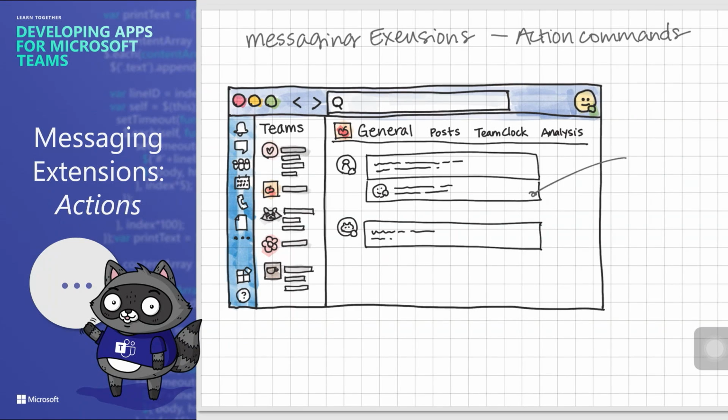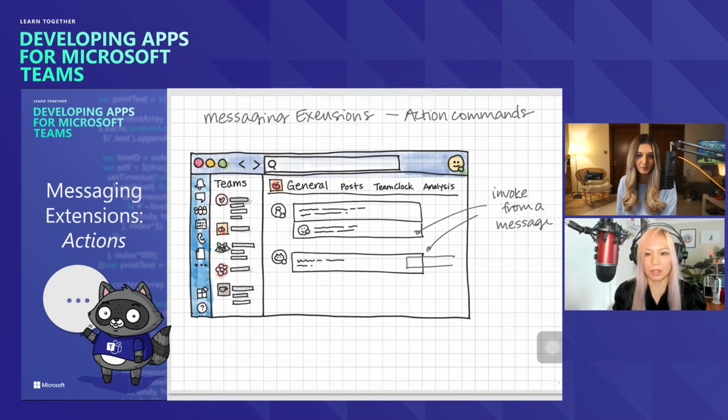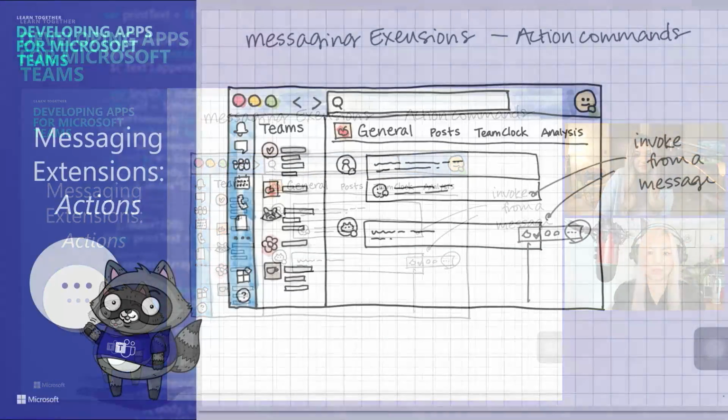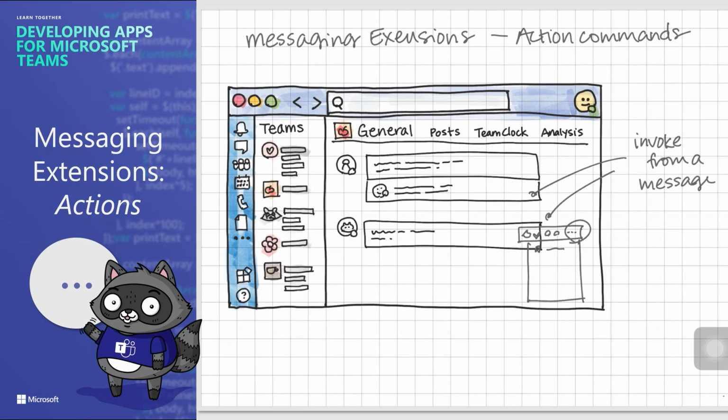So this command is invoked by a user from any one of these messages. Now, when a user hovers over a message, I get the little menu with emoji and all those things. So click the last one, that gives you a drop-down menu. Then click More actions right there.